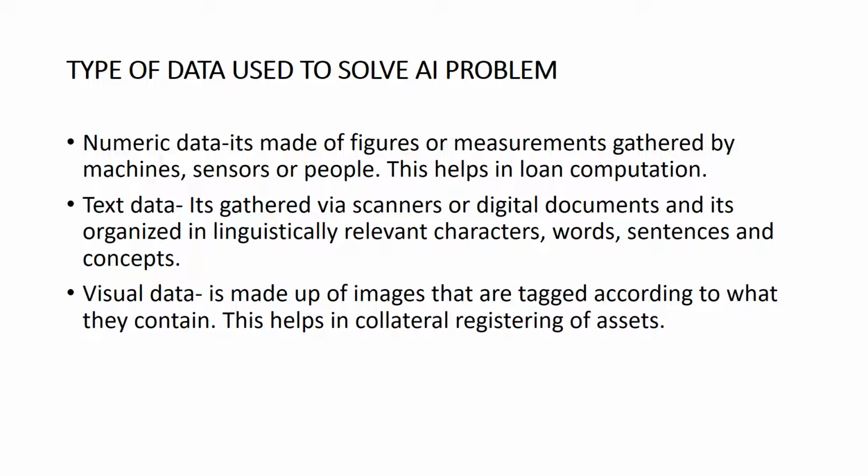Someone can bring a logbook as collateral. Actually, text data helps more, especially in bringing collateral. With visual data, remember, they have to see some of these things physically, such that they can get images of the collateral that they have really brought to the bank, or have scanned and sent to the bank for them to get the loans.